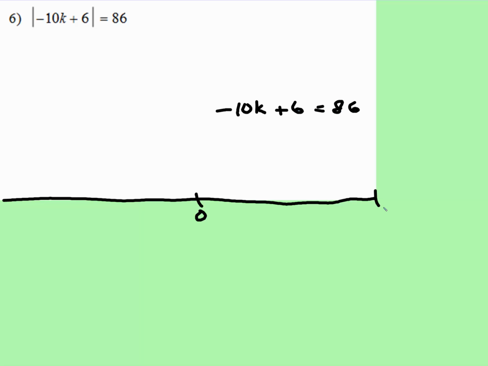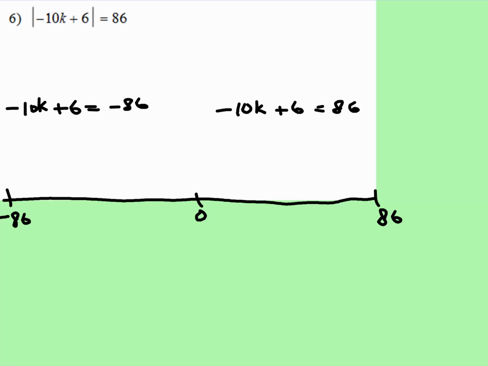Well, that matches up with this 86, but we also have negative 10k plus 6 equal to this negative 86, because this is also 86 spaces away. And then you go ahead and solve.